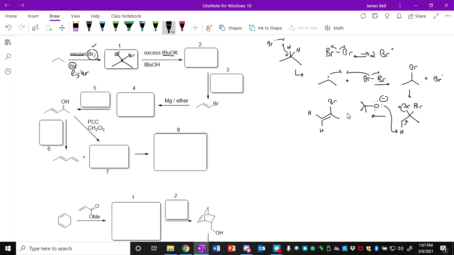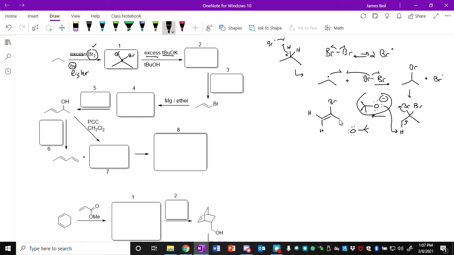And that would be where I would expect to stop if it didn't say excess. So if I have only 1 mole of this, for every 1 mole of this, chances are most of the molecules only undergo one E2 collision and produce an alkene, but if I have excess, I expect another tert-butoxide to get involved.